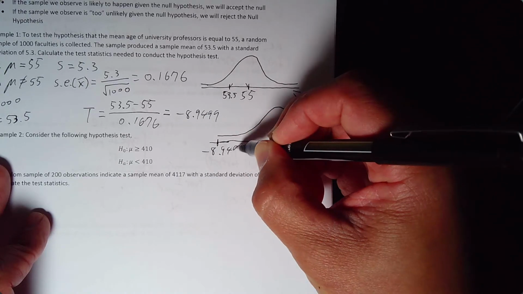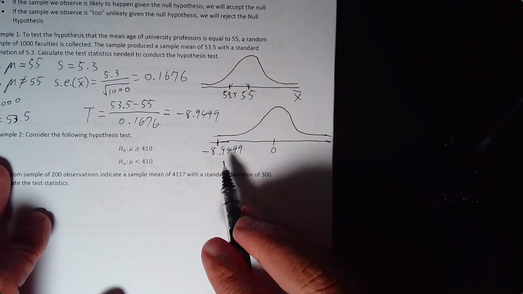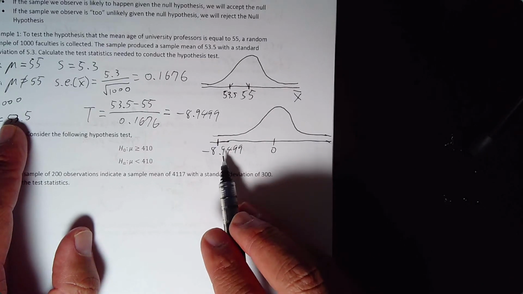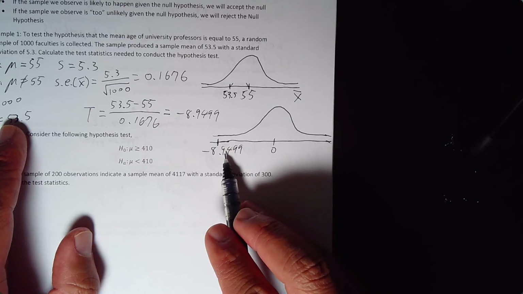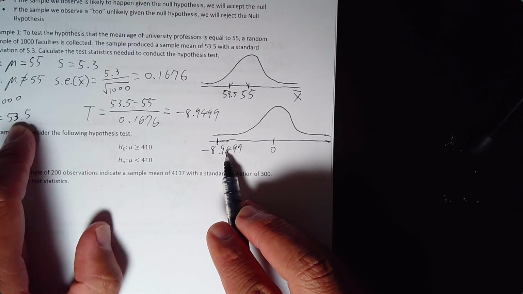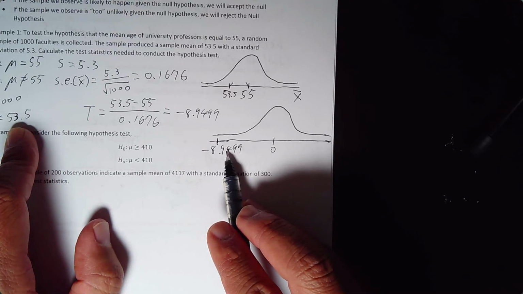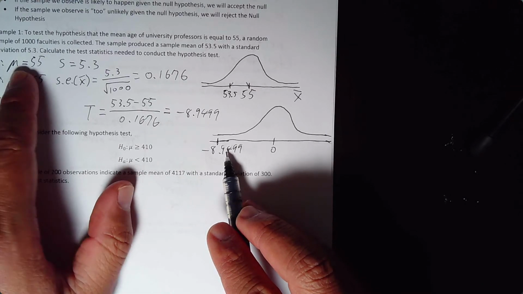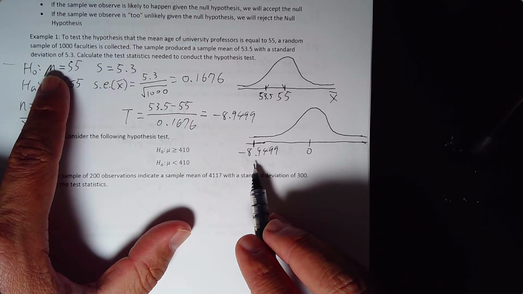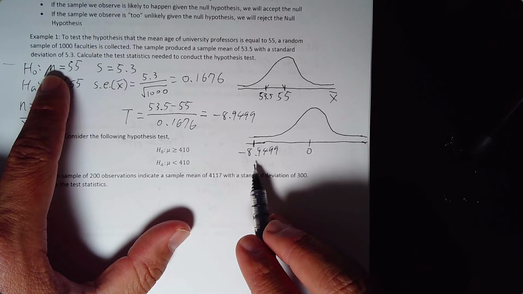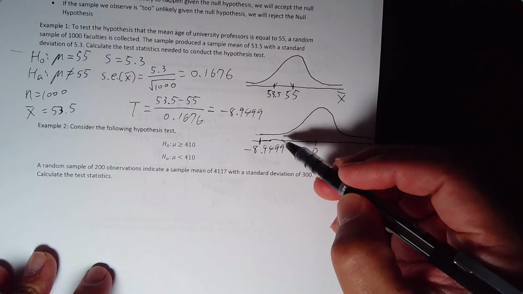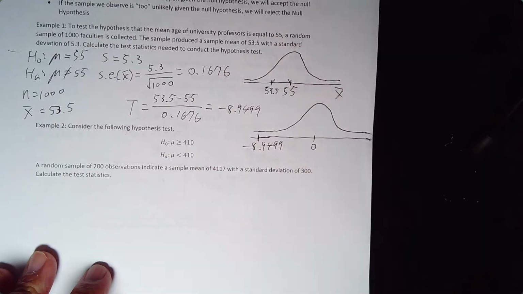That is pretty extreme. It is very, very unlikely. So if the null is true, this is an extremely unlikely observation. Therefore, I want to consider rejecting this hypothesis that the average age equals 55. Now, how far is too far? What do we mean by extreme? We'll talk about that next, but right now, just focus on calculating the test statistic.